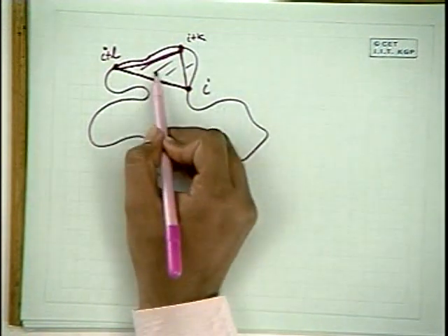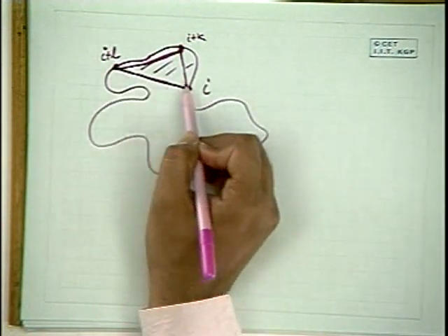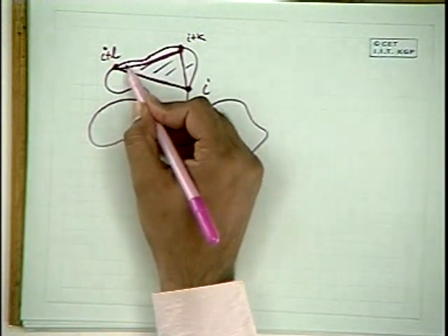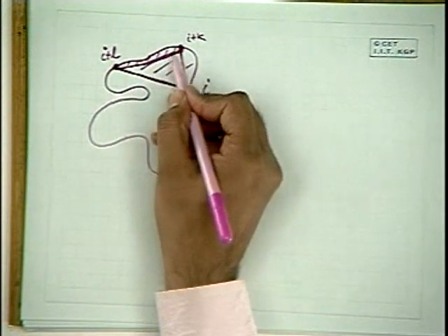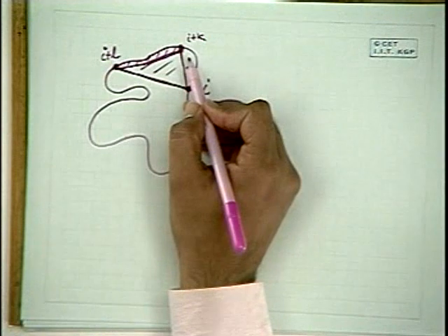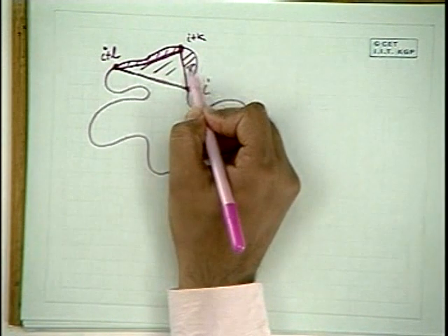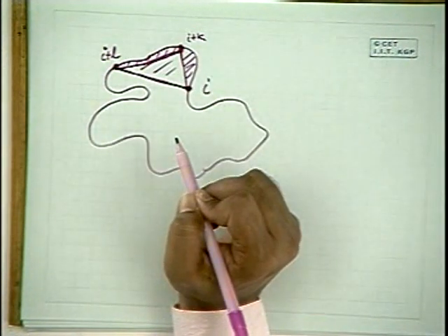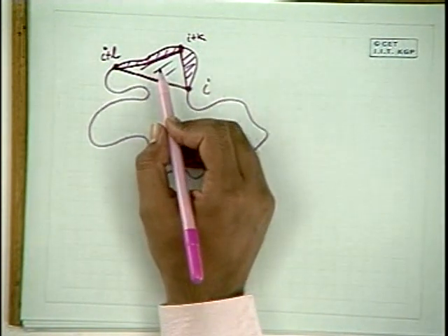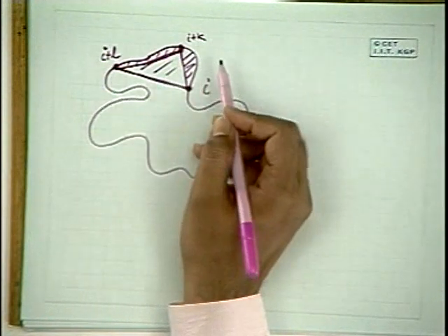Now definitely the triangulation of this sub polygon must contain an optimal triangulation of this part, and must contain another optimal triangulation of this other subpolygon. Otherwise, it cannot be an optimal triangulation for the entire thing.